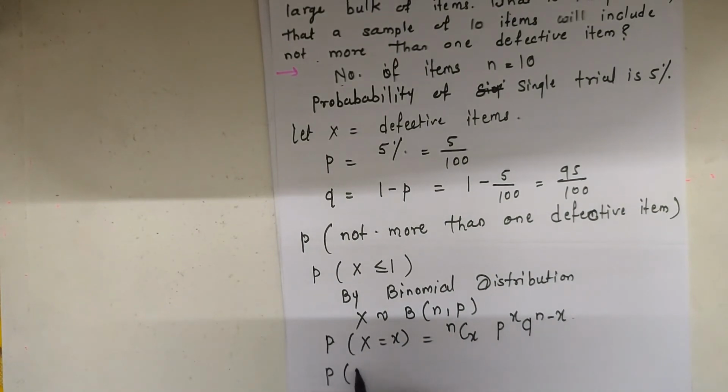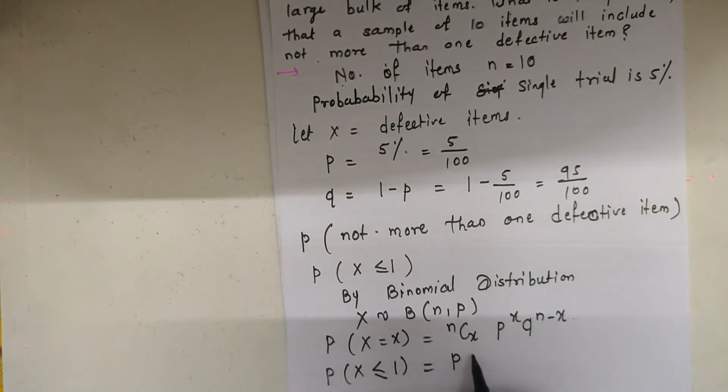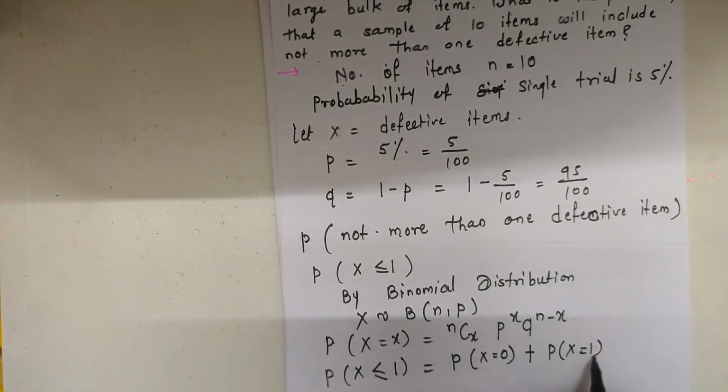So for the defective atoms which include not more than one atom can be written as probability of X less than or equal to 1. This inequality includes the probability for X is equal to 0 and probability of X is equal to 1.